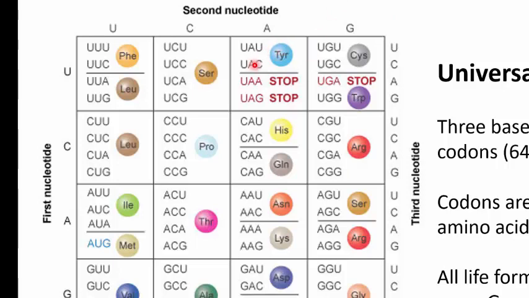So usually there are 2 or 4. In some cases, there are as many as 6. And this one, tryptophan, has only a single codon that will code for the amino acid tryptophan. The point is that there are these codons that are codes for delivering a particular amino acid next in the sequence of the growing polypeptide chain.